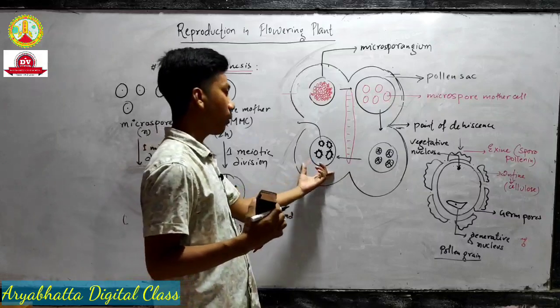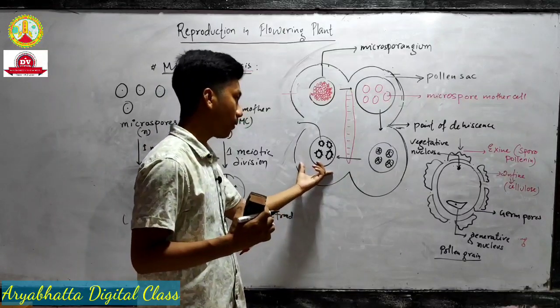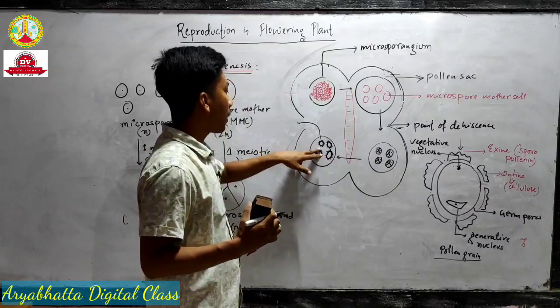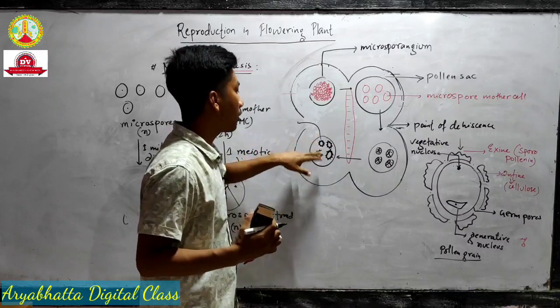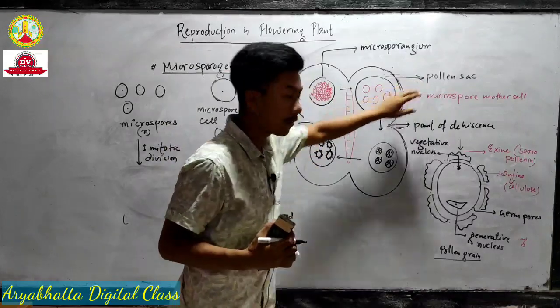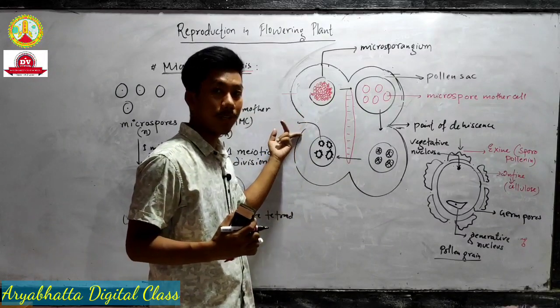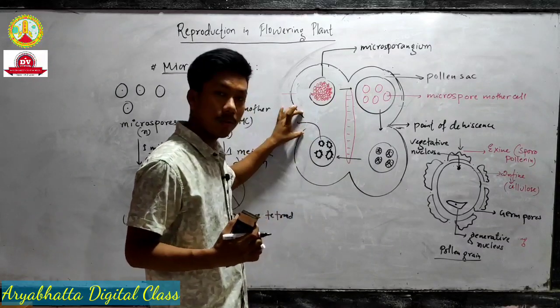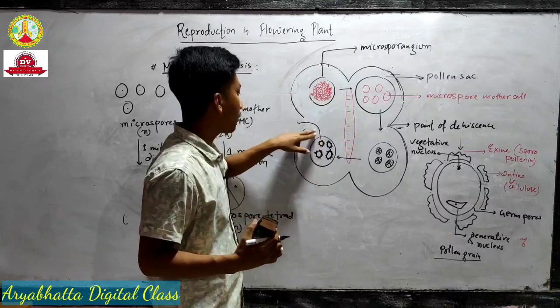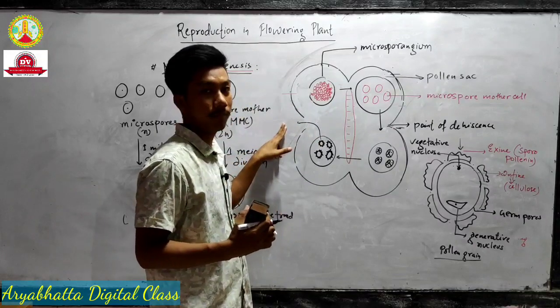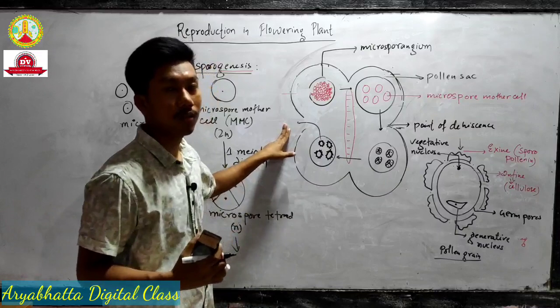Okay, once the pollen grain is produced, they will come out from the pollen sac, and they come out from anther. That is the process.